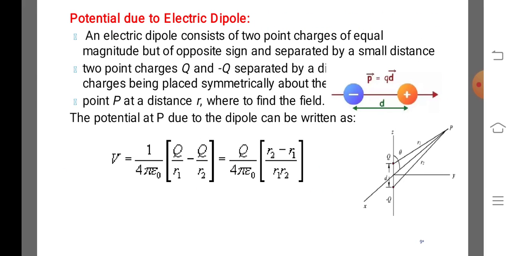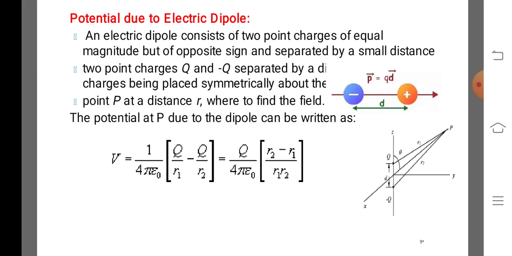This is the potential due to an electric dipole. It contains two poles. An electric dipole consists of two point charges of equal magnitude but of opposite sign, separated by a small distance.